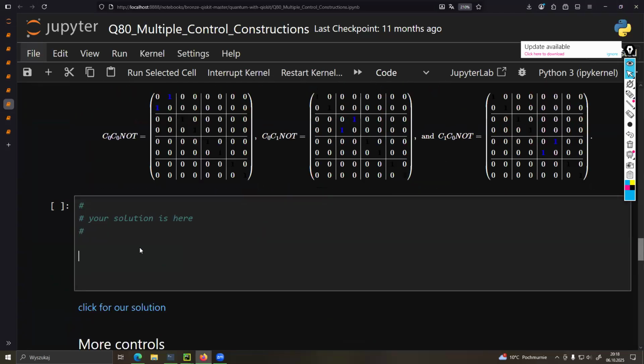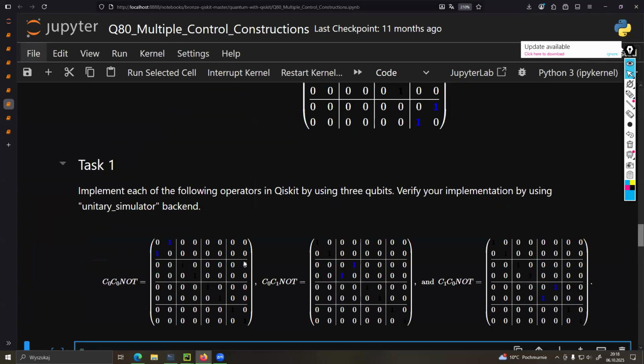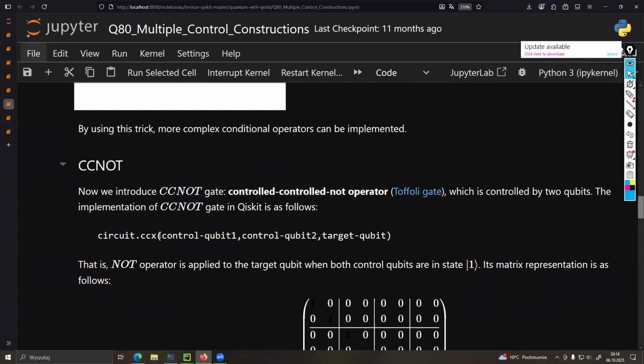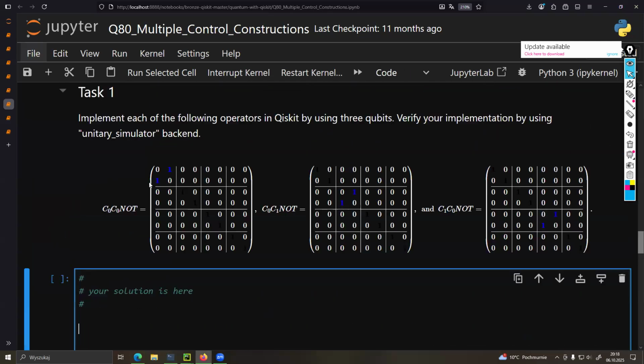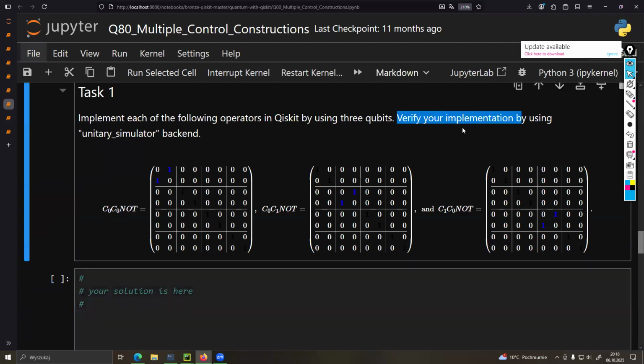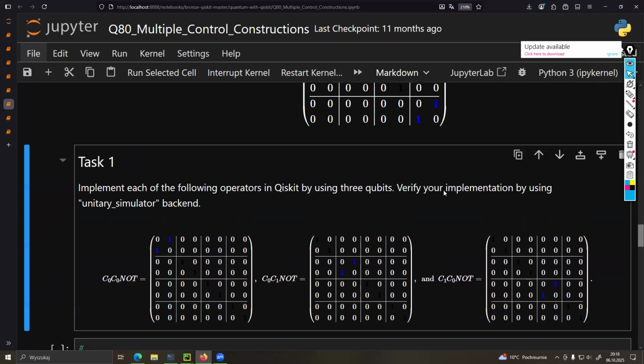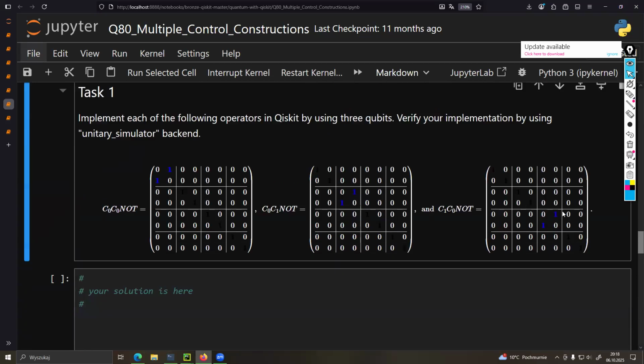Well, let's make it. So for example, here we would like to use this instruction. Verify your implementation using unitary simulator backend. Yes, we will do. We need to perform every single one of these operations.